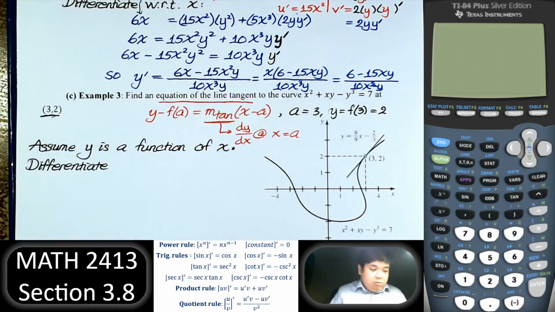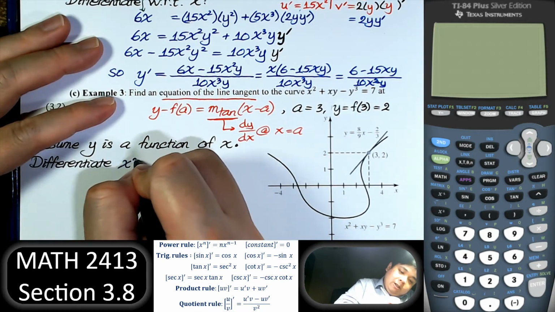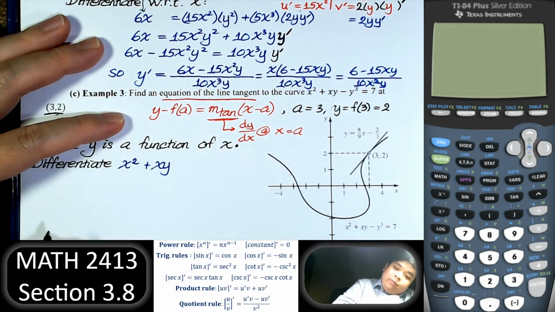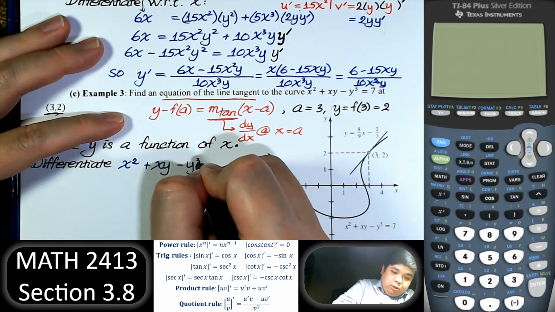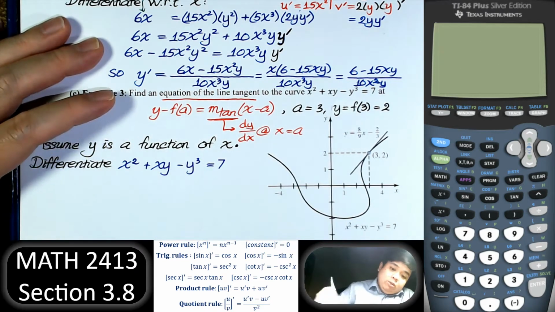and we write the equation x squared plus xy minus y cubed equals 7 with respect to x.